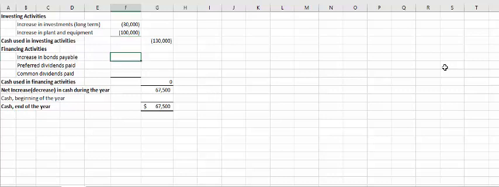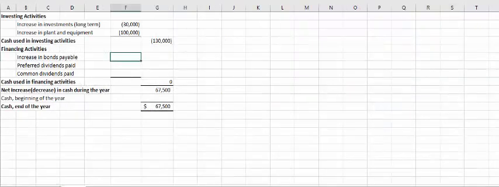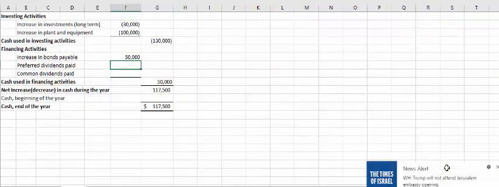Financing activities are mostly how we pay for this. So we could pay for this by issuing some bonds. And if we go and look at what's going on here, we have issued some bonds. Our bonds have gone from $40,000 to $90,000, so our bonds have gone up by $50,000. So we'd get the $50,000 proceeds from that bond issue, and we could use that to help pay for our investments.